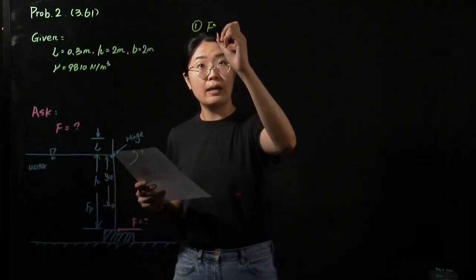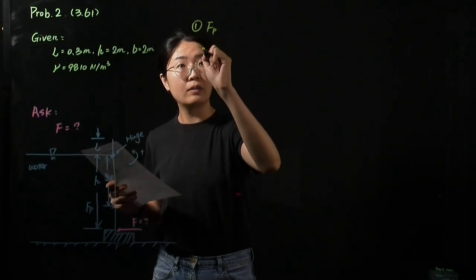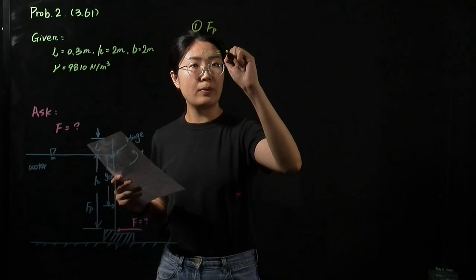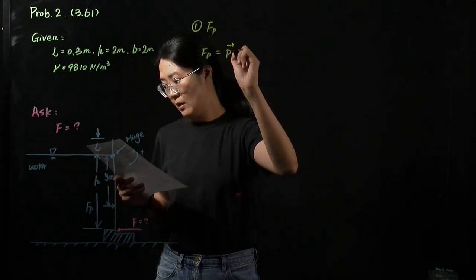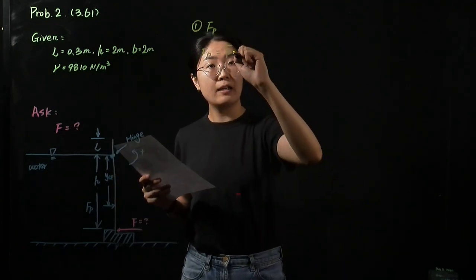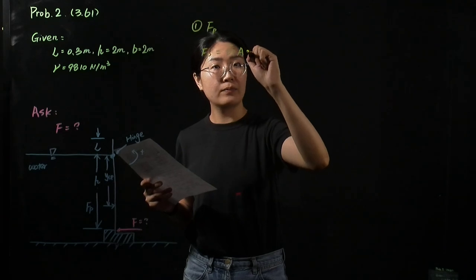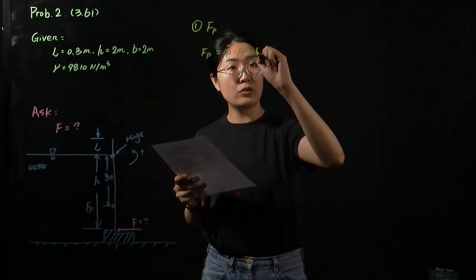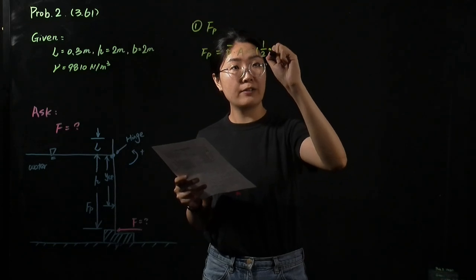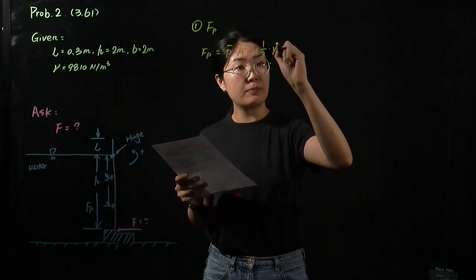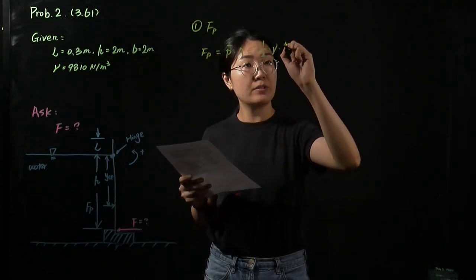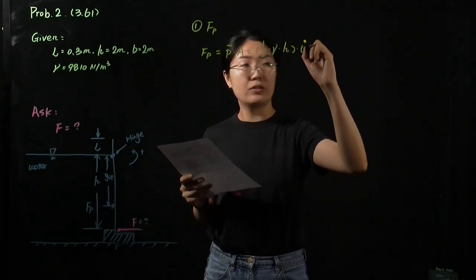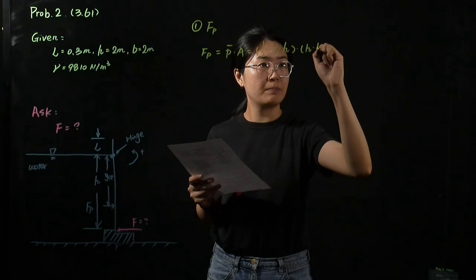which is Fp. The hydrostatic force should equal the pressure at the centroid of the area times the area. So the pressure at the centroid of the area equals 0.5 times the specific weight of water times h. And the area is h times b.